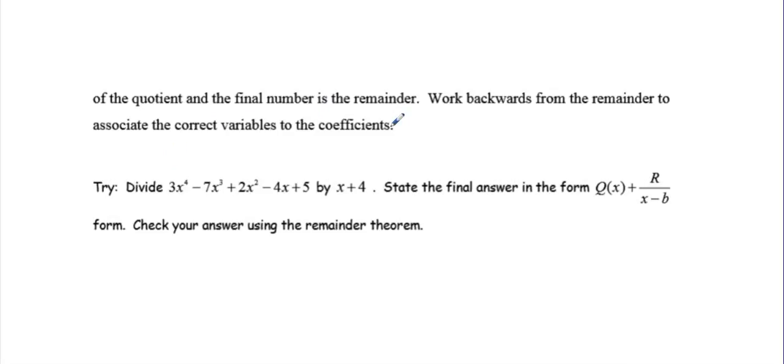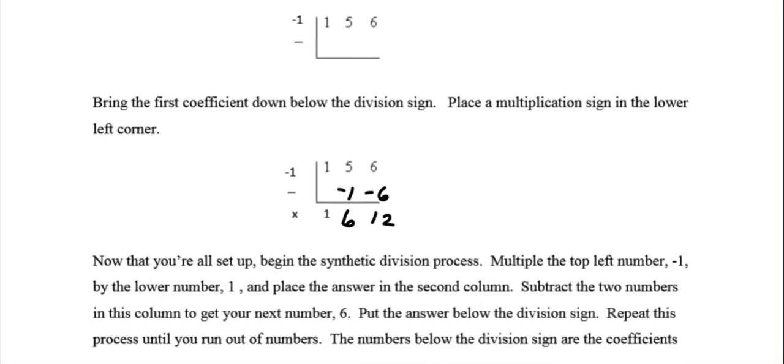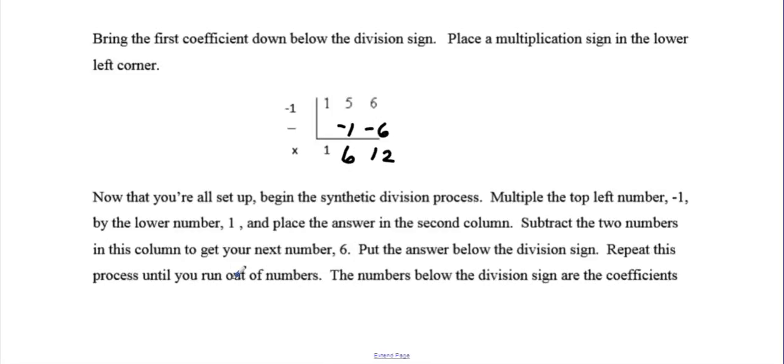So once you've finished, you want to work backwards from right to left to associate the correct variables to the coefficients that you've got. So let's go back and look at that. Our answer here is remainder 12, because that's the remainder.